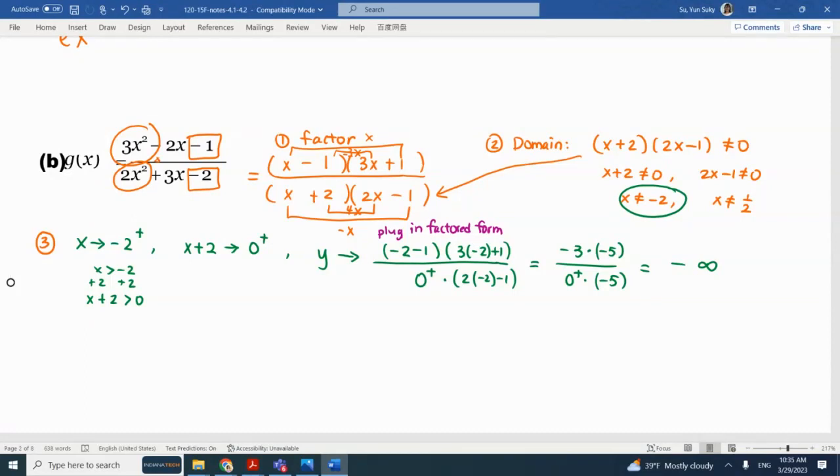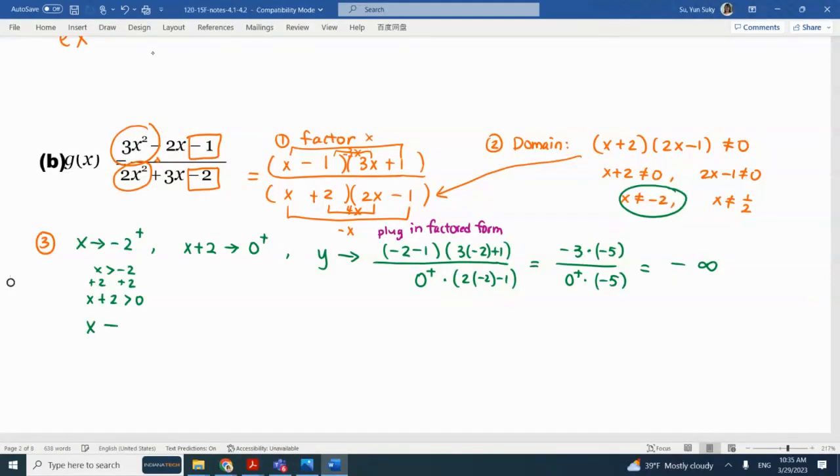You get even number, positive. So 15 is positive, but then here, your -5 is still negative. So when you get to this part, you don't need to multiply the numbers. You just count how many negative signs. So we get y equals minus infinity.